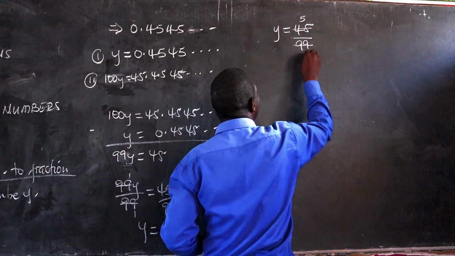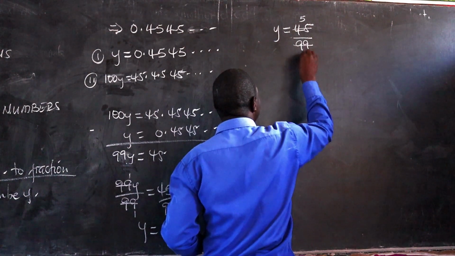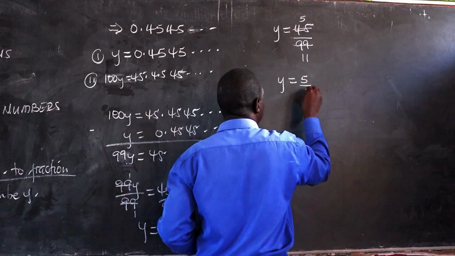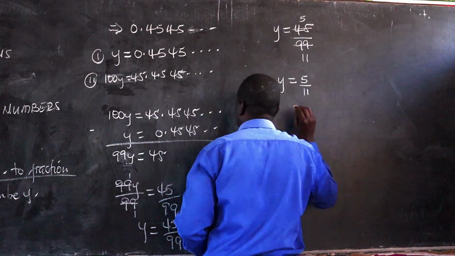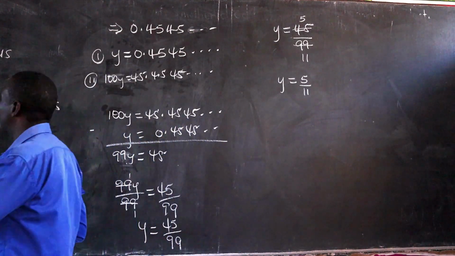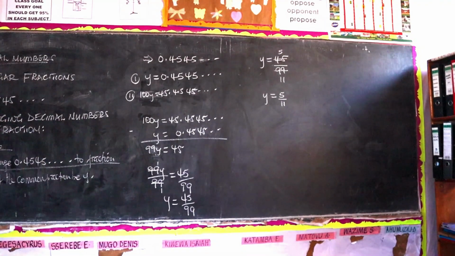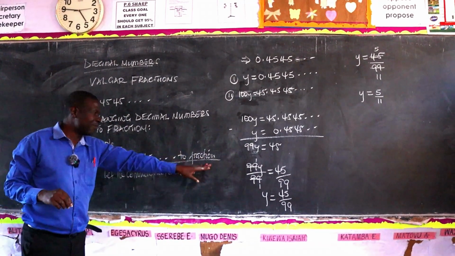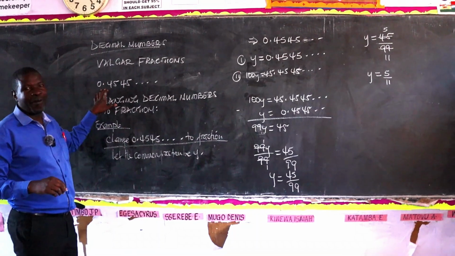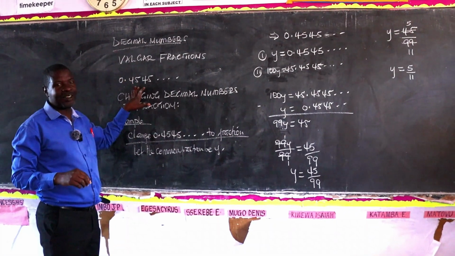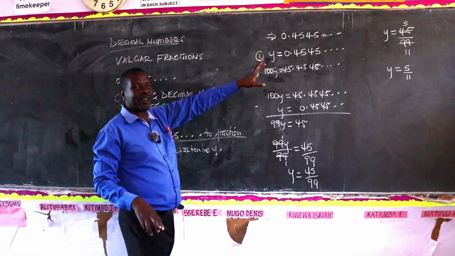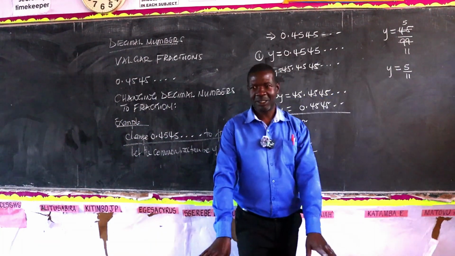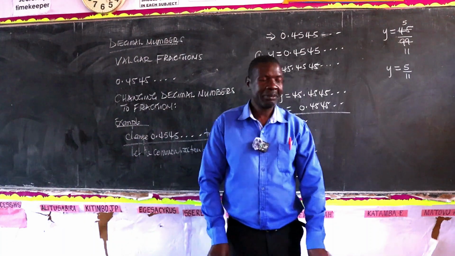If you divide 99 by 9, you get 11. So the subject gives us 5 out of 11. Now our number, which was a decimal number, has been changed from 0.4545 to a common fraction, 5/11.